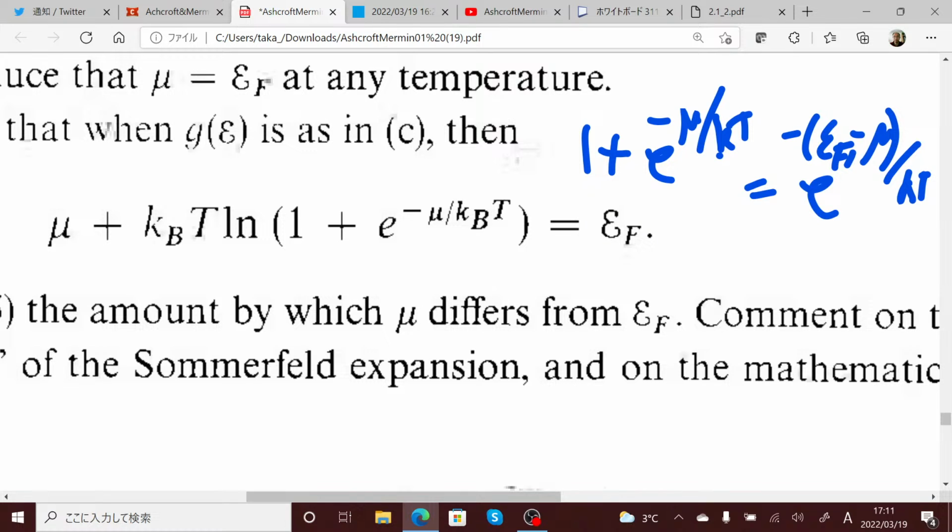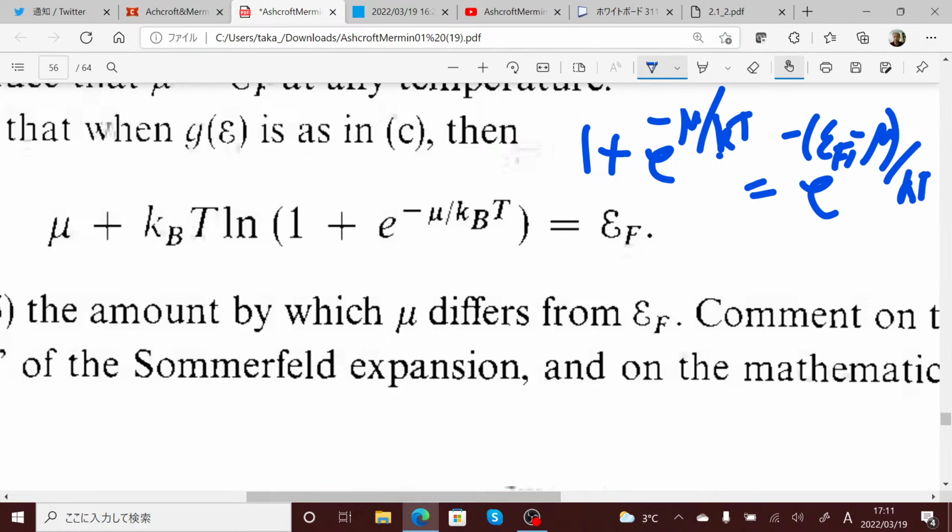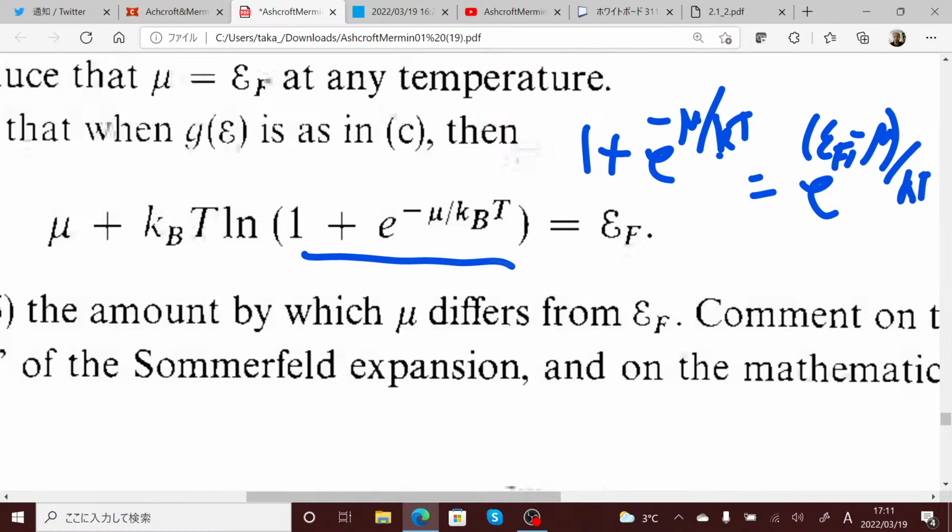Is this correct? EF, no, we don't need EF, I think. We don't need minus, because inside the bracket, this is EF minus mu divided by kbt, then exponential.